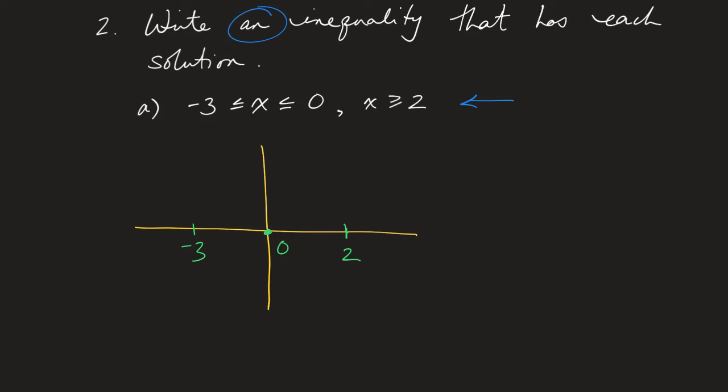So between -3 and 0, I'm above, and greater than 2, I'm above. Okay, well, now that I've picked that, my graph would probably look something like that if it was to continue to fill in the gaps.